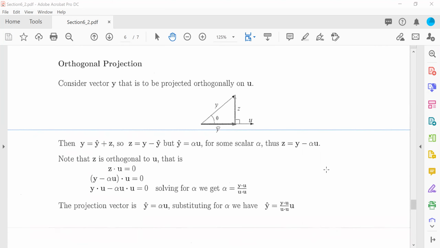Now we have orthogonal projection, and I think it would be nice if you pay really close attention. We will use this orthogonal projection in this section and in the next two sections. So let's make every effort to understand this. Given a vector y, it is projected orthogonally onto u. Let's say this is my vector y, and I'm projecting it onto this vector, which I call u. Orthogonally means you have a light and you shine it straight down.